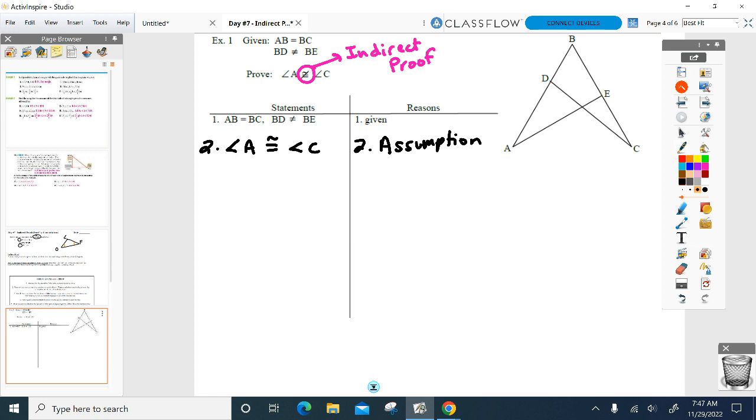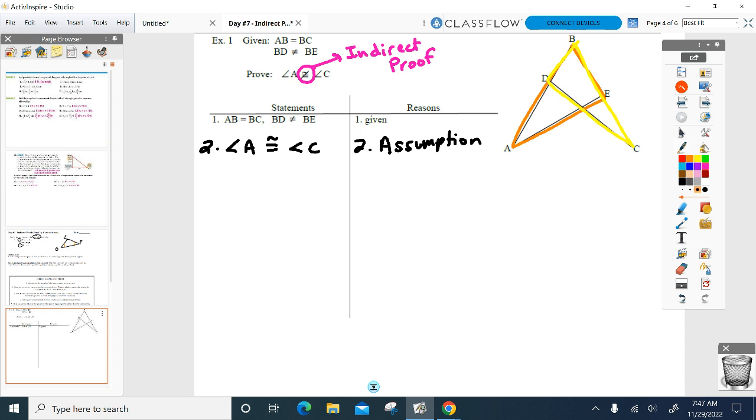Now I'm going to kind of lead you through here, and then next proof I'll start calling on numbers. Watch what this does to us. This is going to put us in a real bad spot. I want you to focus on these 2 overlapping triangles, BAE and BDC.